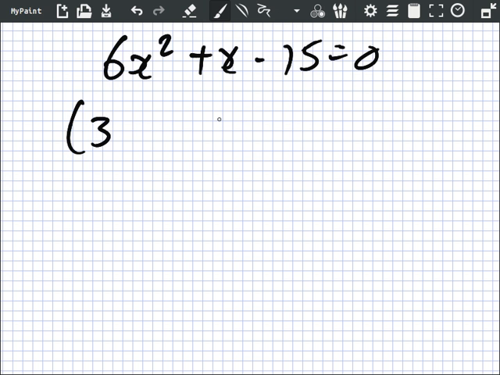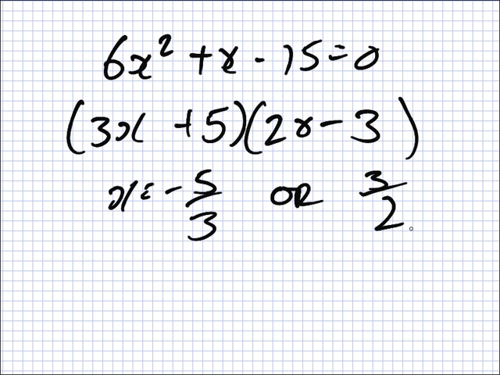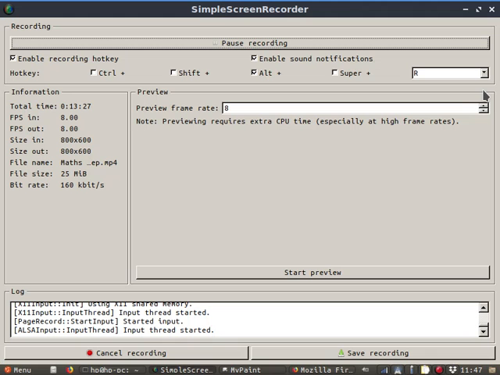So probably 3 and 2 and 5 and 1, or 5 and 3. So 5 here, 3 here, plus and minus. X equals minus 5 over 3, or 3 over 2. So 1 minute, really, is all that was needed for this one. Okay, let's see another one.